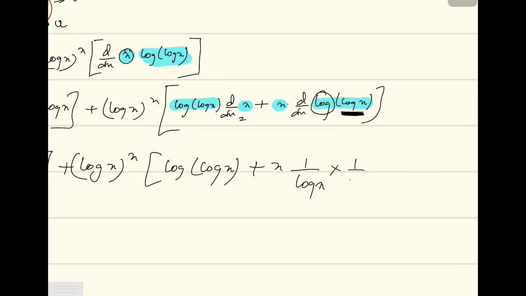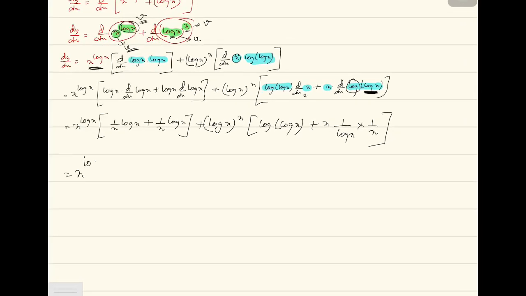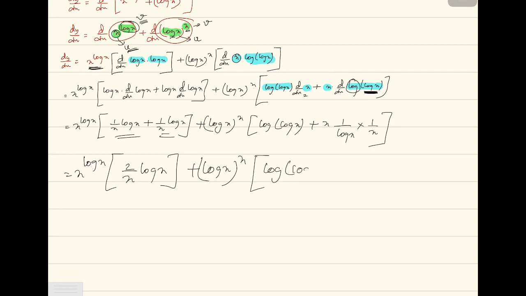What is d/dx of log x again? 1 by x. That gives me x to the power log x into 1 by x log x plus 1 by x log x, which is the same thing, so it will be 2 by x log x. I can write it like that, and plus log x to the power x, and you get here log x, and I think I can cancel this x and this x, so it will be 1 by log x. So that will be the answer.